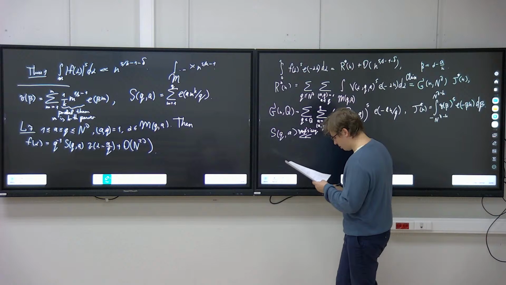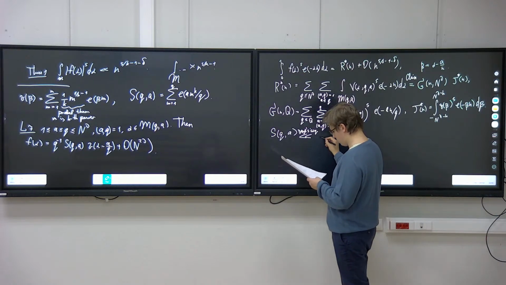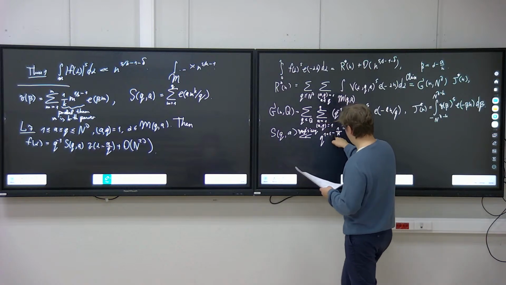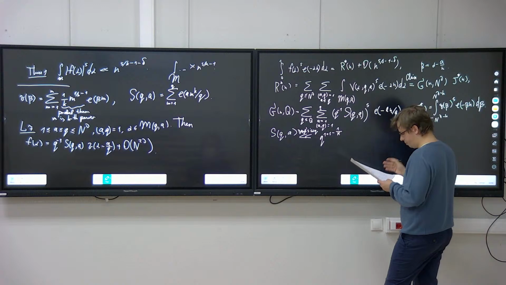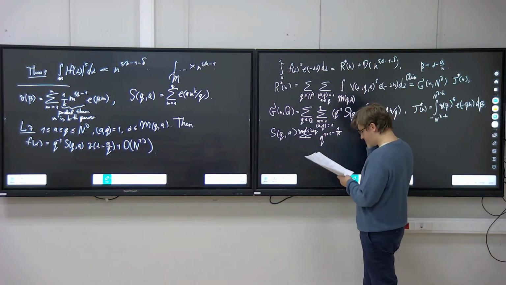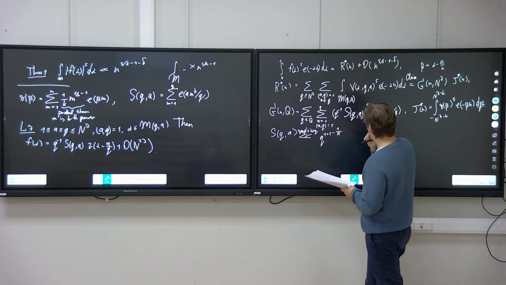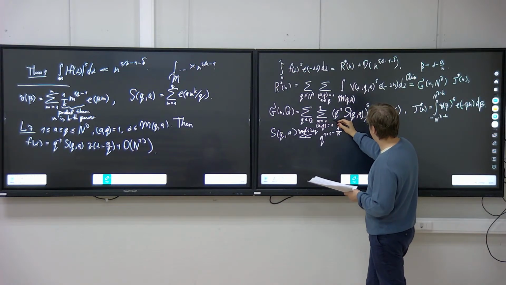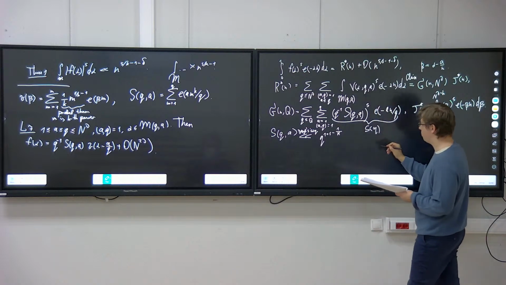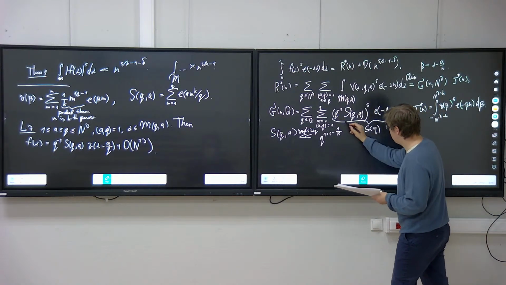You apply Weyl's inequality and you see that it is less than q to the power 1 plus epsilon minus 1 over b_k. Epsilon is arbitrarily small. So just apply Weyl's inequality and you will see that. And let us denote this part by S of q.